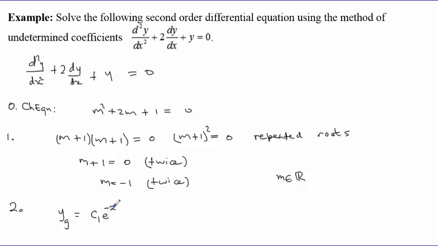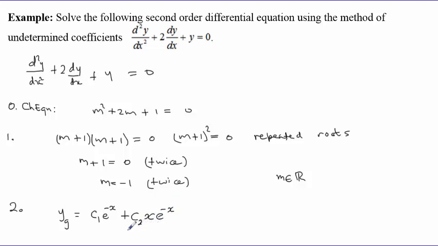This root is used for the first term, plus C2 x e to the power minus x. Now it is used for the second time.